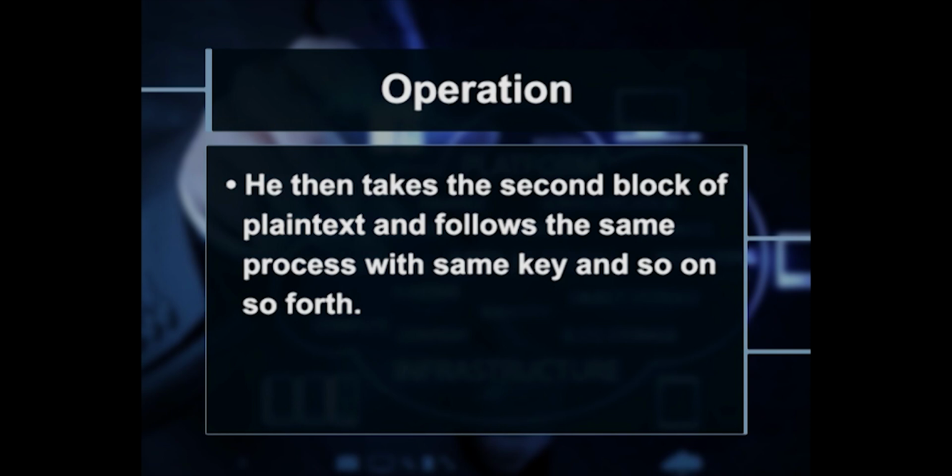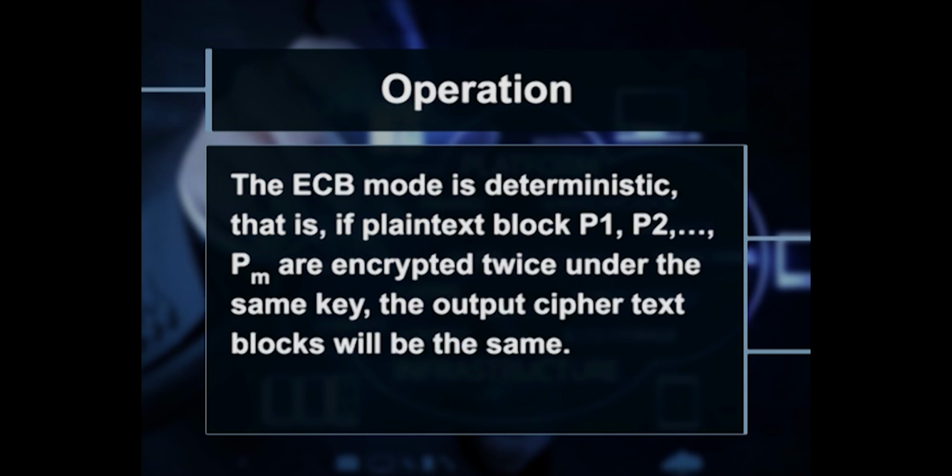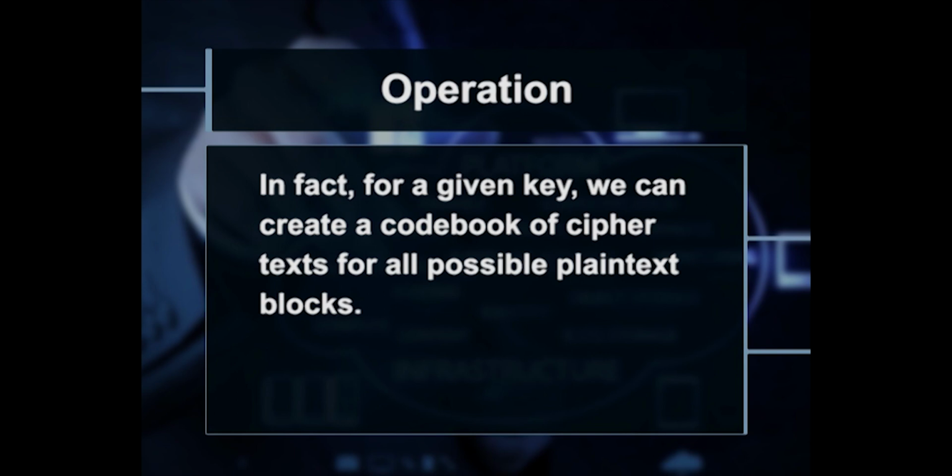The ECB mode is deterministic, that is, if plaintext blocks P1, P2 till PM are encrypted twice under the same key, the output ciphertext blocks will be the same. In fact, for a given key, technically we can create a codebook of ciphertext for all possible plaintext blocks.